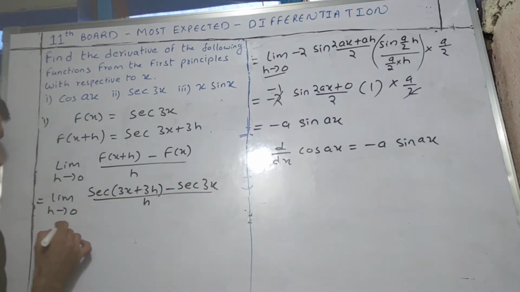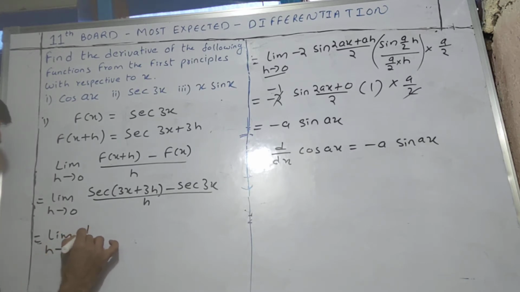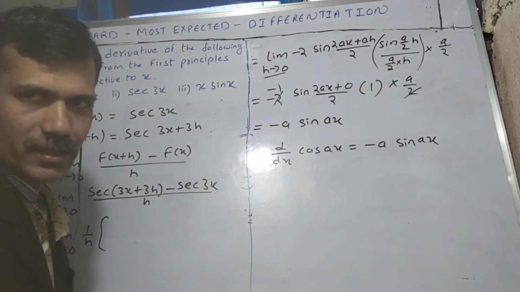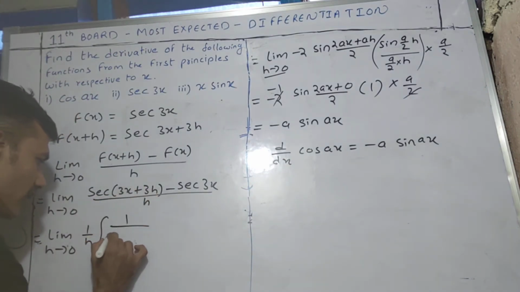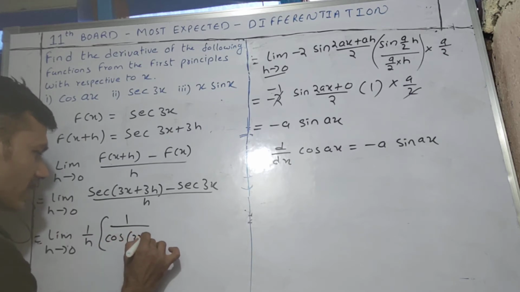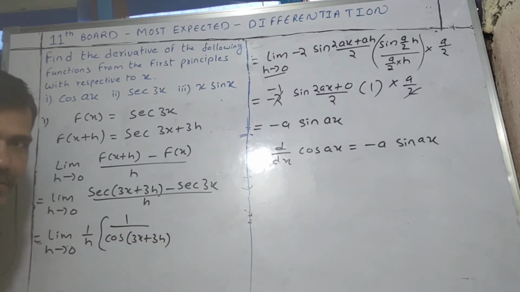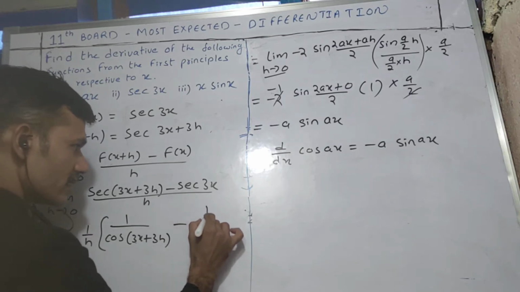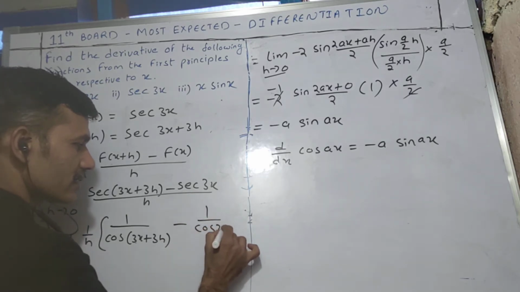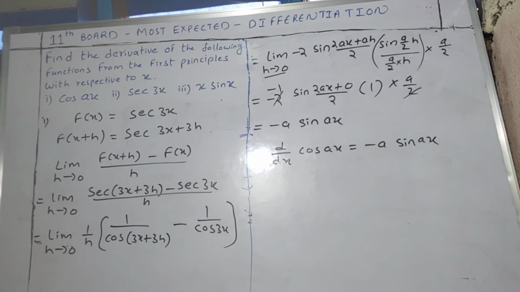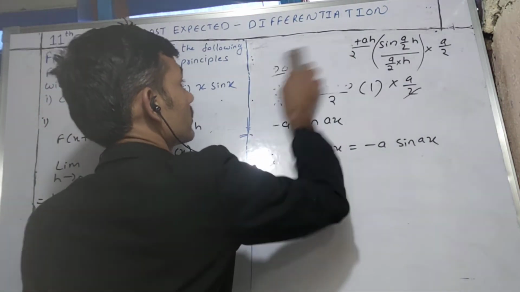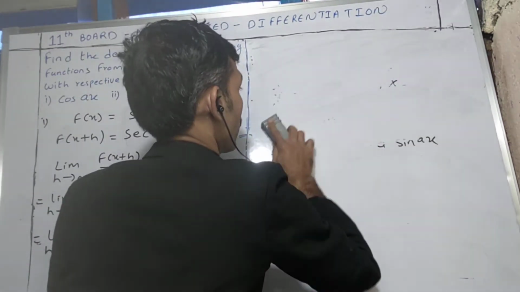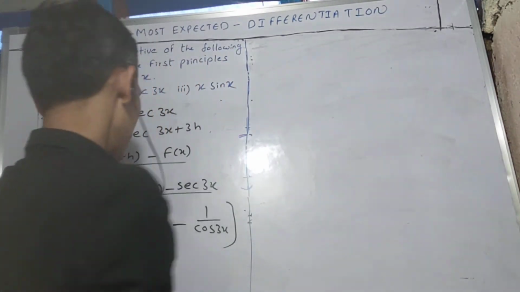Okay. See, now we have to write the reciprocals. Secant and cos are reciprocals, we know. Instead of secant of (3x plus 3h), we can write 1 by cos of (3x plus 3h). Instead of secant 3x, we can write 1 by cos 3x. We have to do cross multiplication, and we can apply the trigonometric formula.